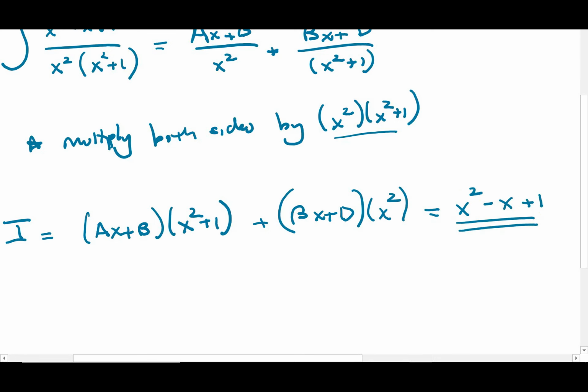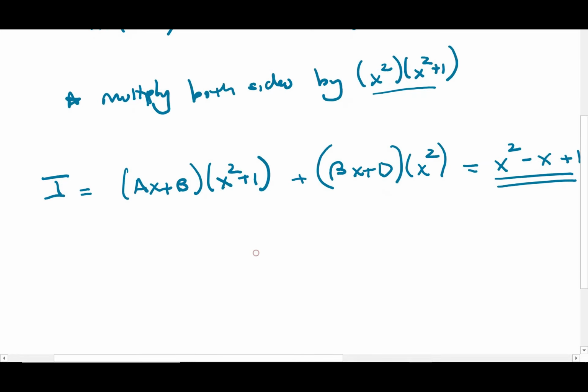So basically we got rid of the denominator terms, and so we can break this apart. We're left with ax cubed. So I'm transferring here to here, and then we also have here to here.